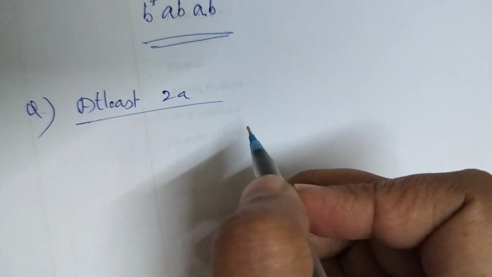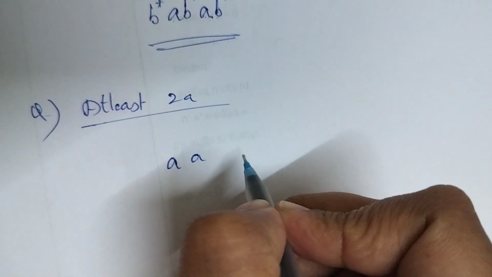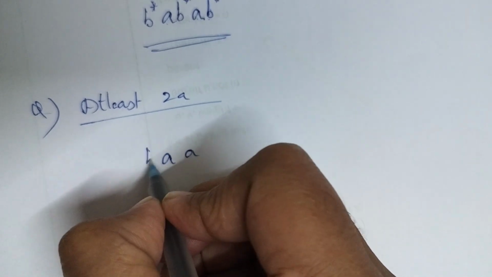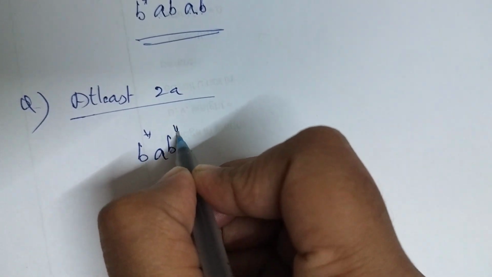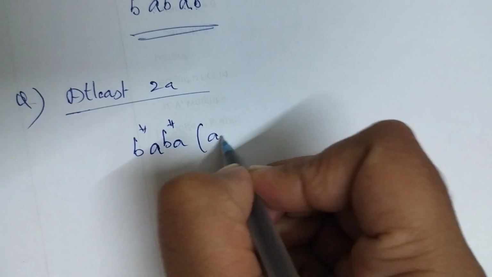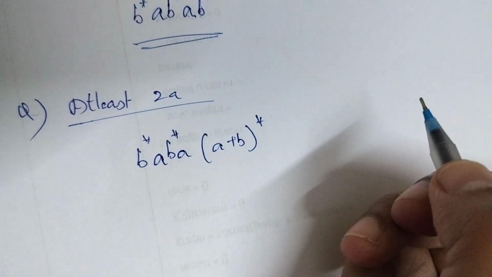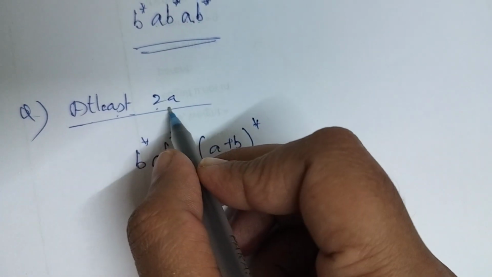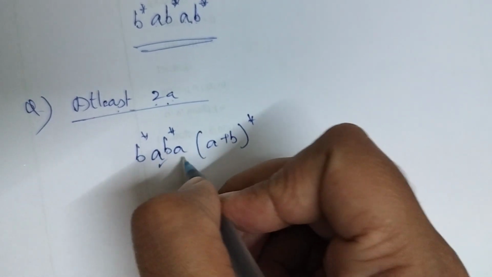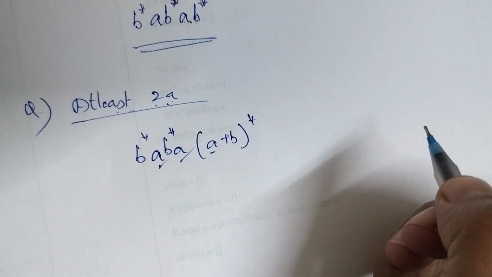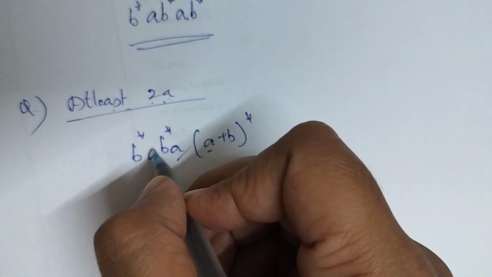Next is at least 2a. At least 2a means minimum 2a. So it may begin with any number of b, have any number of b in between, then any number of a or b. Minimum 2a should be there. After that, there may be any number of a, and there is no restriction on b.